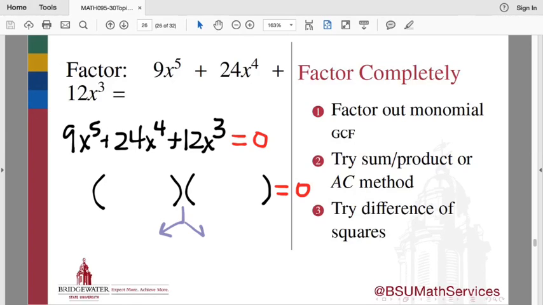It allows me to break apart this equation into 2 simpler pieces and then solve each of those simpler pieces separately. So the whole point of factoring is to give us a way to solve a polynomial equation by factoring and then splitting apart each of the factors and giving each its own equal to 0, and each of those factors is much simpler, and then we'll be able to solve that simpler equation. So we're not going to go all the way there on this problem.